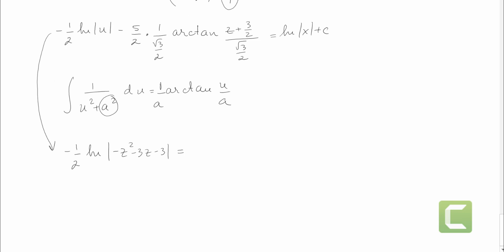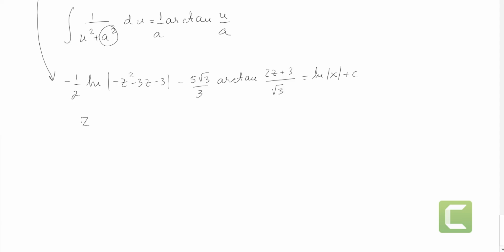Equals, and here these two cancel, so we have minus 5 square root of 3 over 3 because I rationalized that, arctangent of, we can multiply by 2 top and bottom, so we get (2z plus 3) over square root of 3, equals ln of absolute value of x plus c.